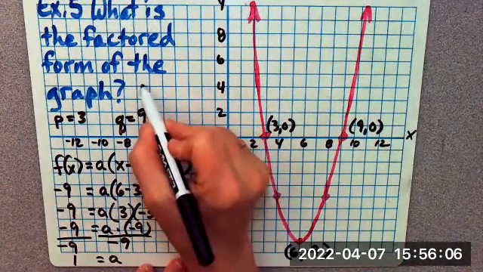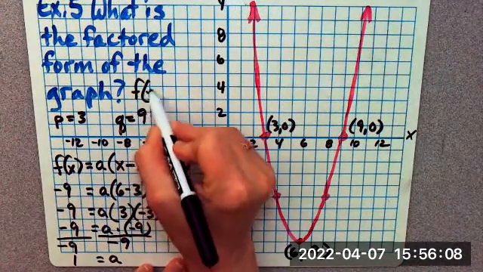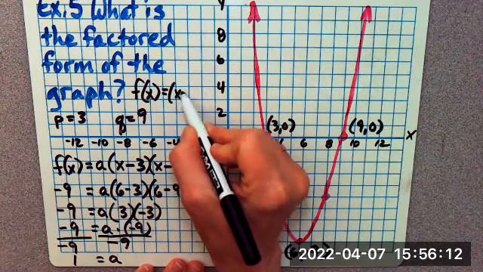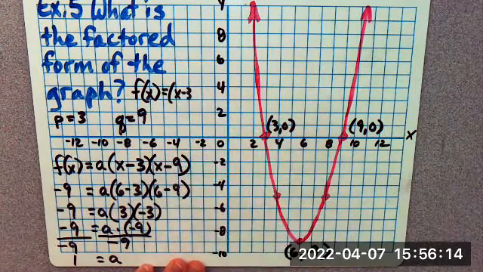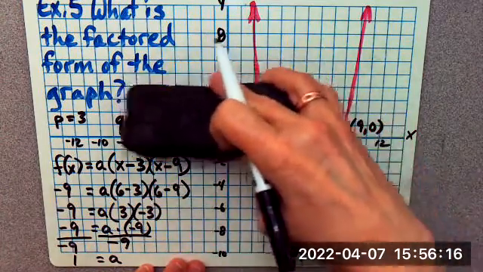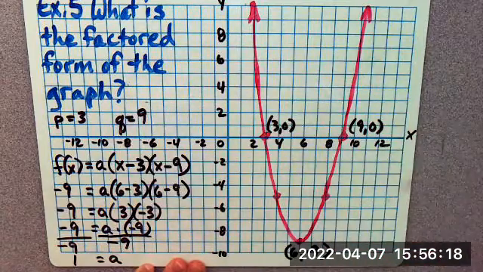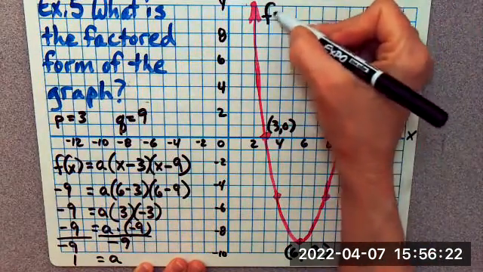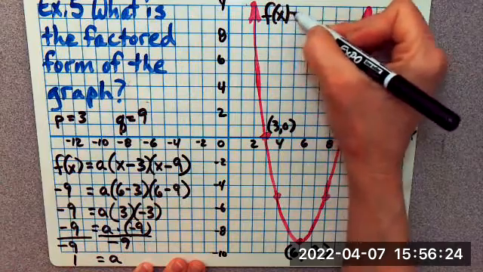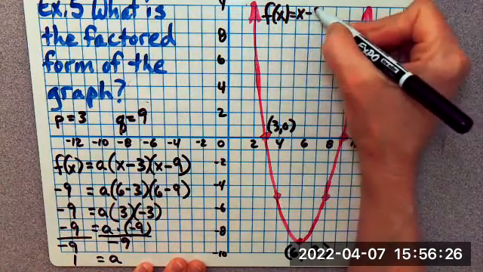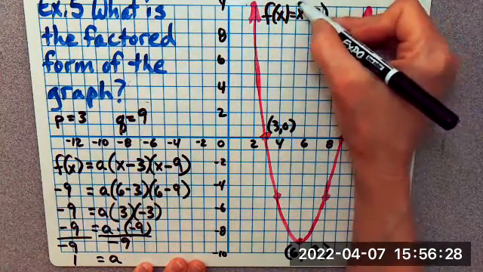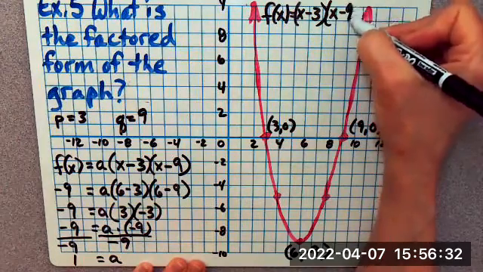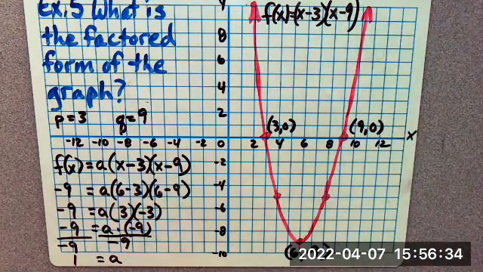So the equation for this is f of x equals x minus 3. Actually, let me get some more room here so you can really see it. So f of x equals x minus 3 times x minus 9. And there we have it.